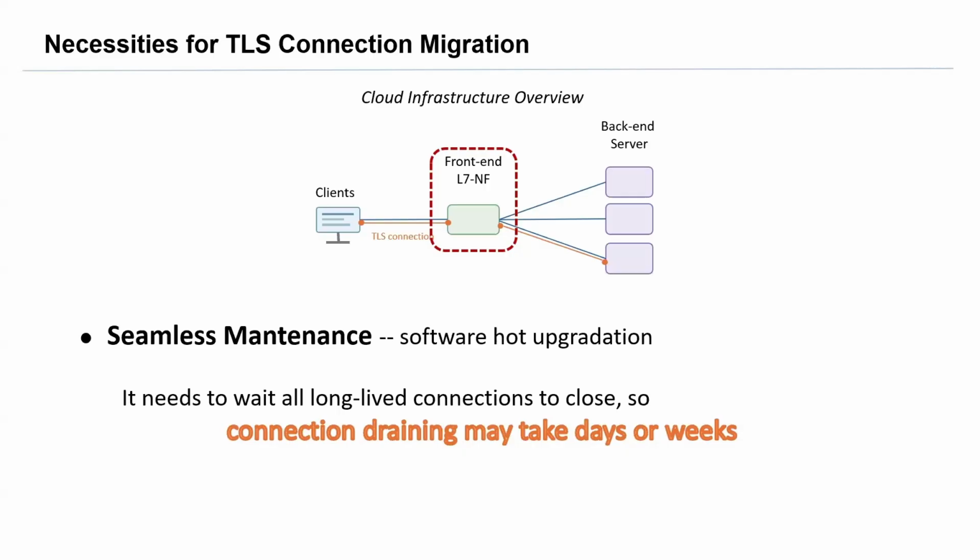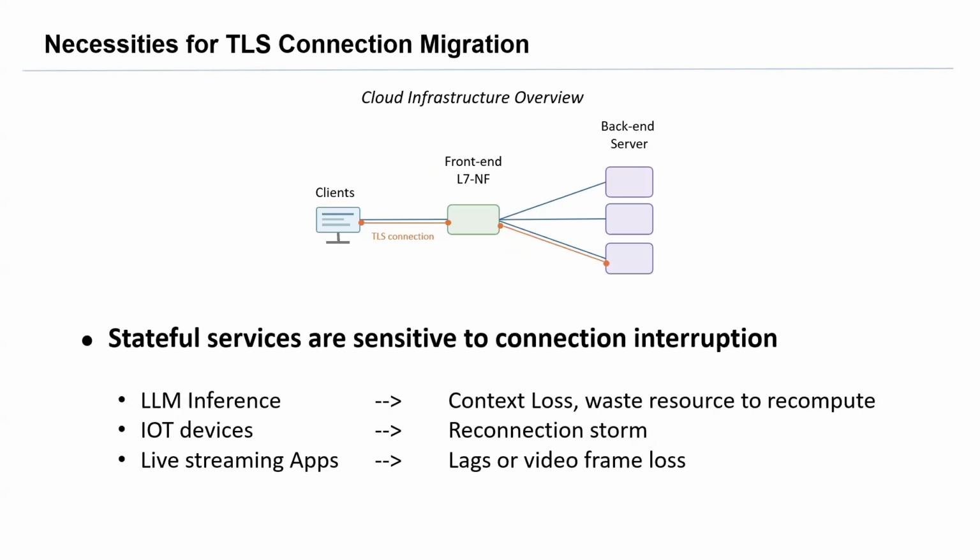However, a long-lived connection may remain active for days or even weeks. As a result, a routine upgrade may require all instances to remain active for a long time, increasing both resource and operational costs. And after timeout, the operators will terminate these connections, which is also a disaster because we have many stateful services that are sensitive to connection interruption.